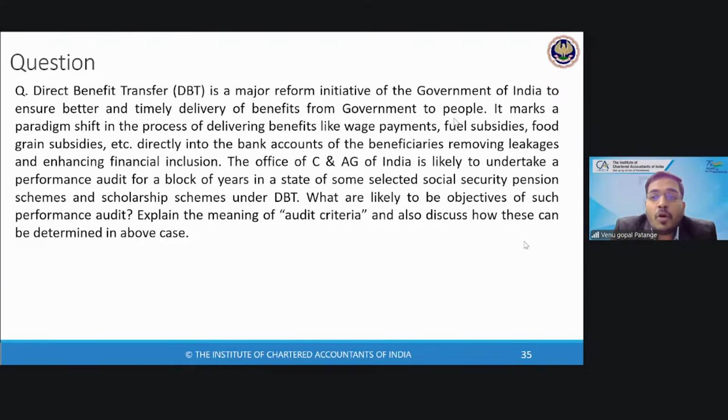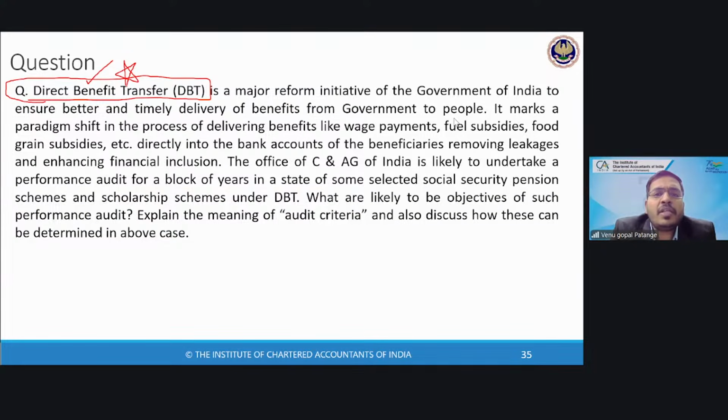This is a question from ICAI, a directly scenario-based question. Direct benefit transfer. If government is doing some scheme for, let us say, ladies, children, poor people, their health, they are doing direct benefit transfer.